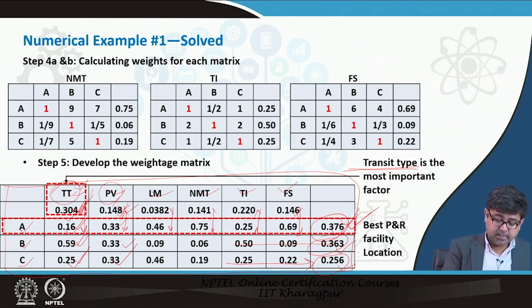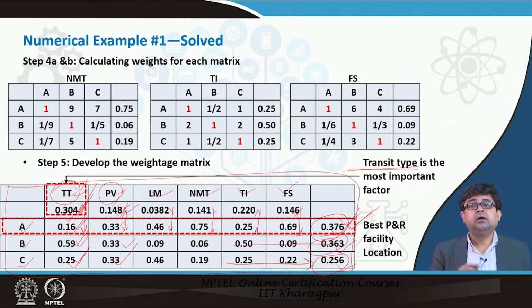So, that becomes the most important criteria from the point of view of all the stakeholders whom you have surveyed. So, this is an example of a mathematical method, MCDM, multi-criteria decision making method, that will allow you to pick the site for your park and ride lot.